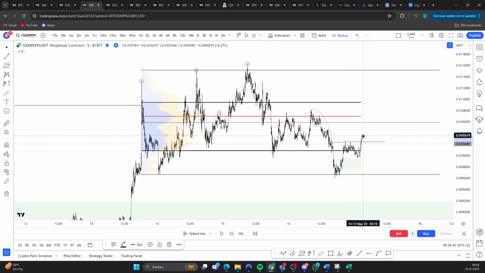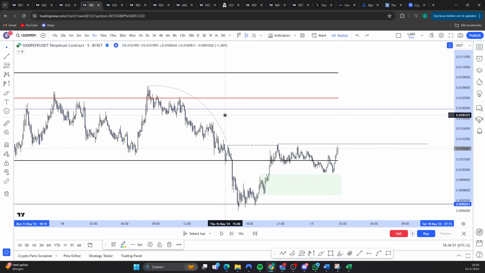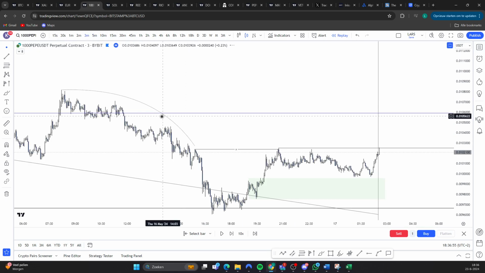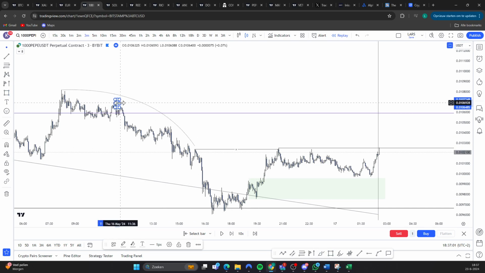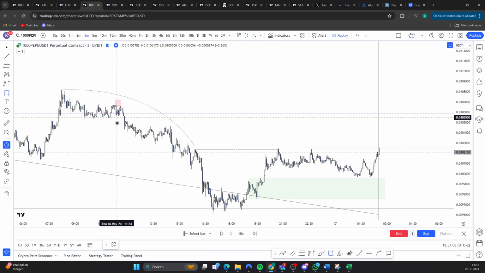I'll look for this. You really don't have resistance. This is your only resistance zone.